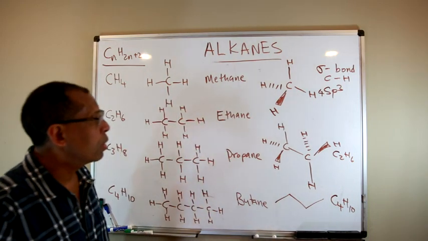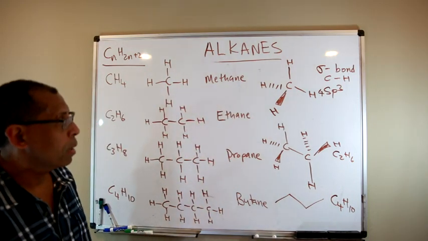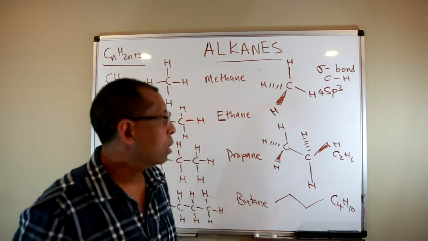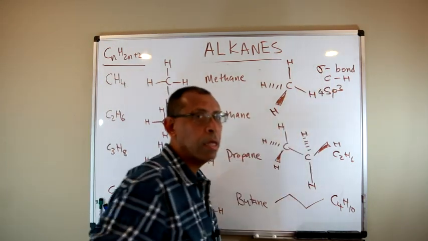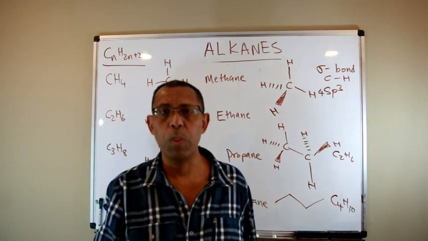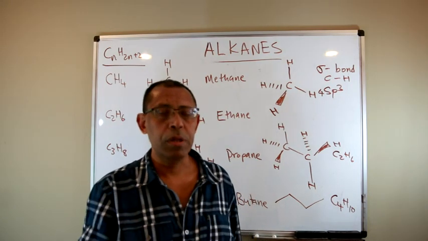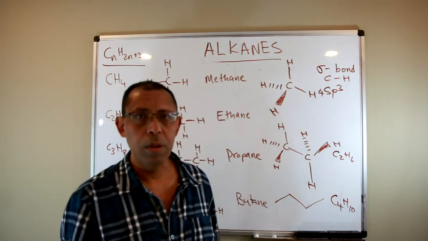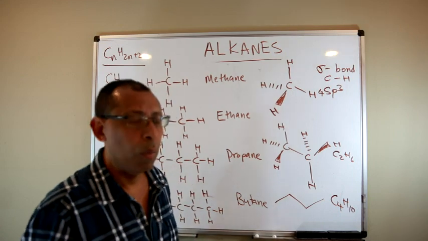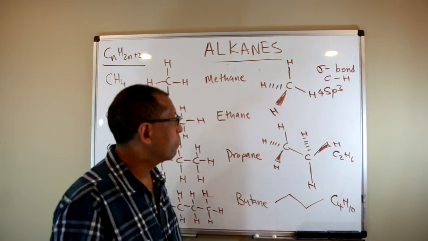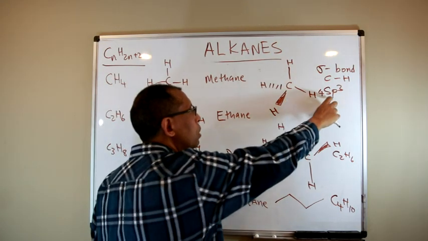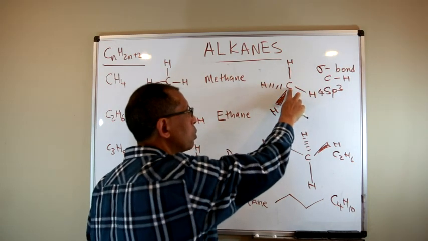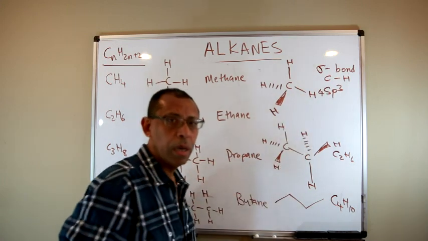The important concept I want to impart is that all of the alkanes have sigma bonds, because it has an implication when you have a sigma bond versus a pi bond, because the reactivity of all of the alkanes or hydrocarbons comes from what type of bond they have.